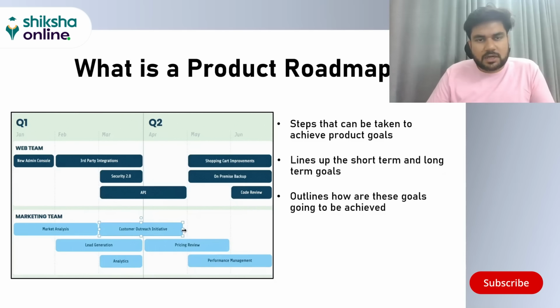So a roadmap is basically an idea, a vision that is set out for a product, and it elaborates how this vision is going to be achieved, how this idea is put down on paper and how it is going to be achieved.